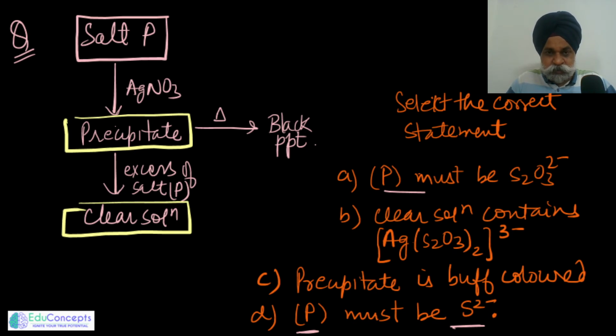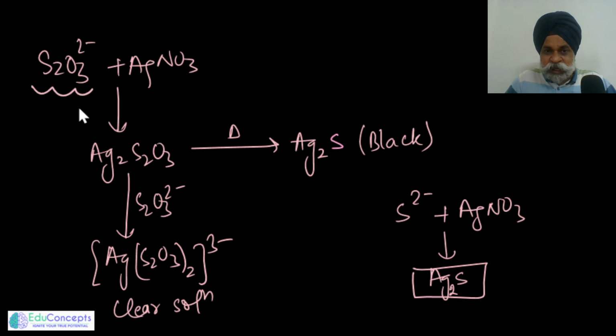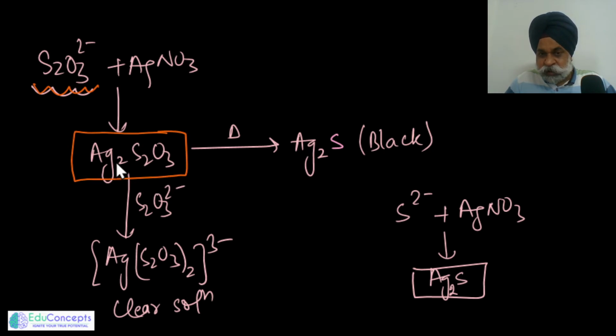If sulfide ion is there, sulfide ion on reaction with AgNO3 gives a precipitate, which on heating gives a black precipitate. And this we talked about just a few minutes back, that silver thiosulfate, when added with hypo, gives a clear solution of this particular thing.